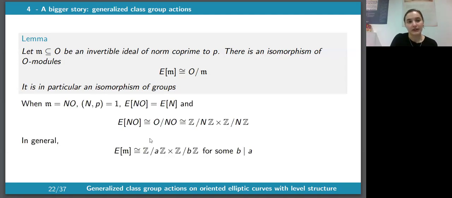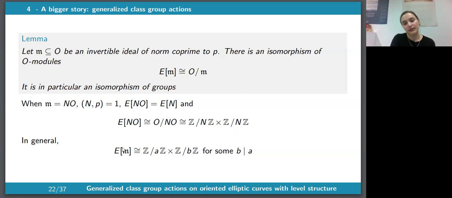For example, when the ideal that we take is some principal ideal generated by an integer N coprime to p, then this is telling us that the N-torsion subgroup of E is isomorphic, as we know, to Z modulo N times Z modulo N, but really as O-modules as well.